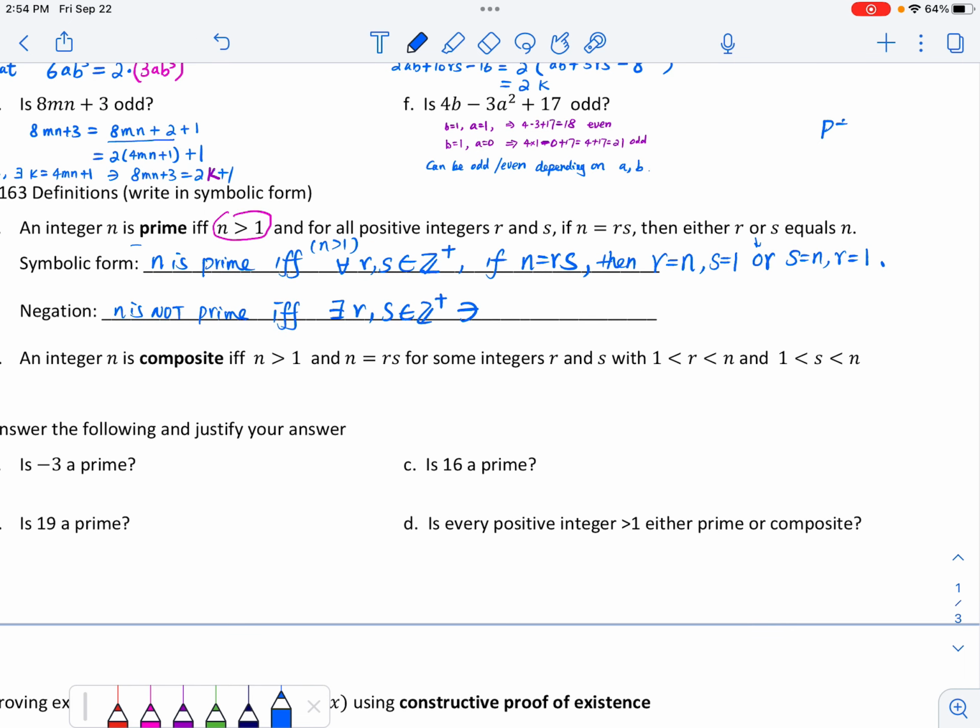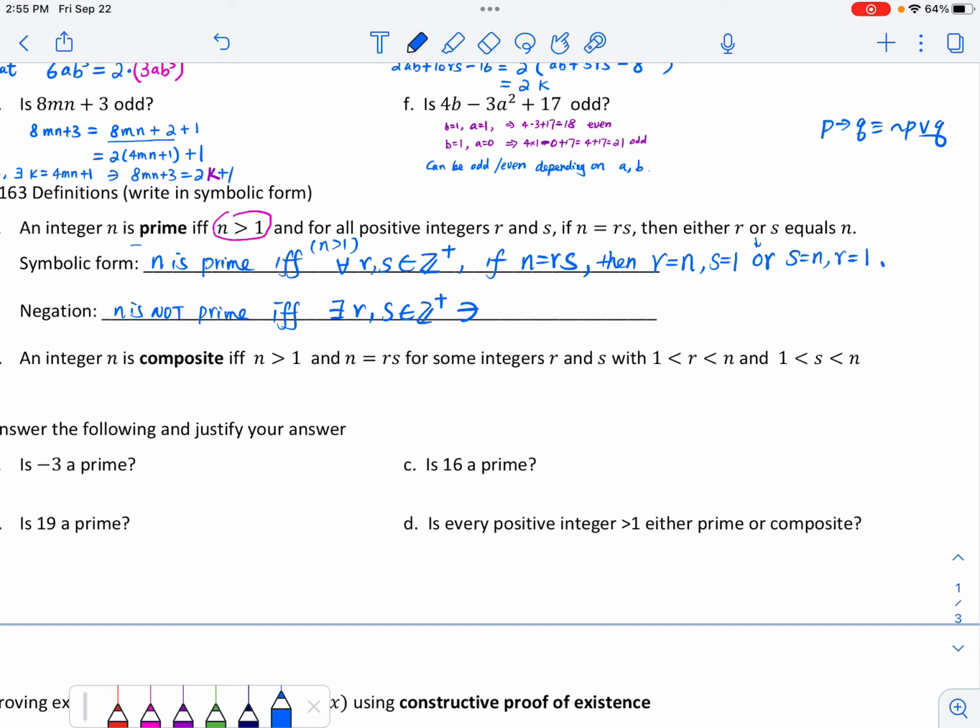P implies Q is equivalent to not P or Q. Oftentimes I use this example: when police yell, if you don't freeze, I will shoot, that's equivalent to saying freeze or I will shoot, right? So these two are equivalent. To negate that, this is the structure that we are talking about.